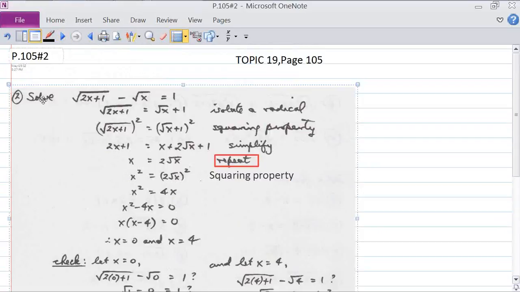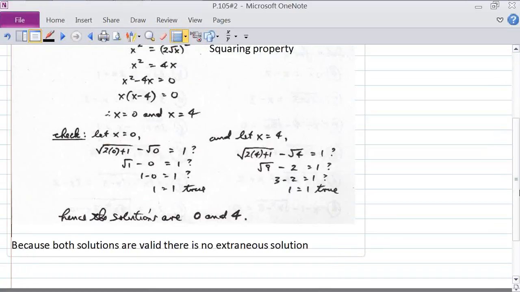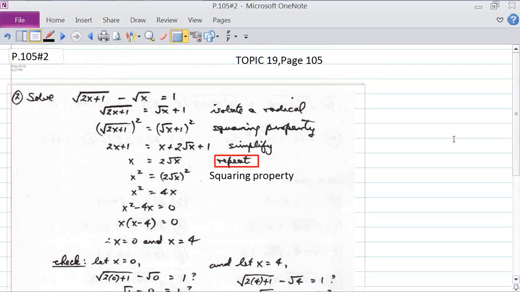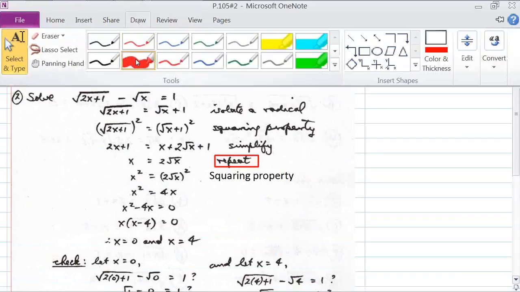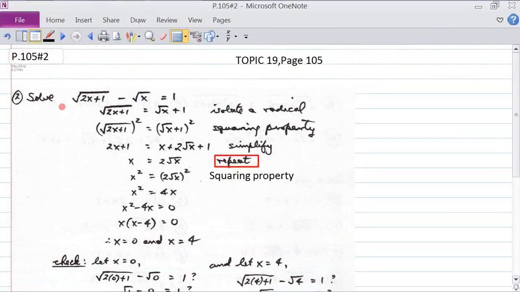Now, here again, we go to problem number 2. You'll see here we have two radical signs. So what we're going to do is put one on one side and one on the other side.